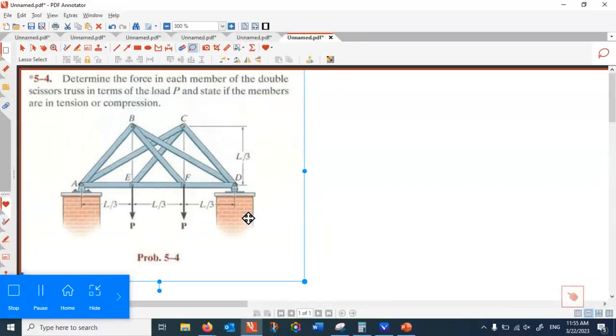Do you want to try your chance? Yeah, here we have to find the zero-force members. I help you. Can we start with method of joints? If I apply method of joints at B, there will be 3 unknowns. C, 3 unknowns. A, how many unknowns? Five. E, how many unknowns? 3. At E, no, P is given, right?